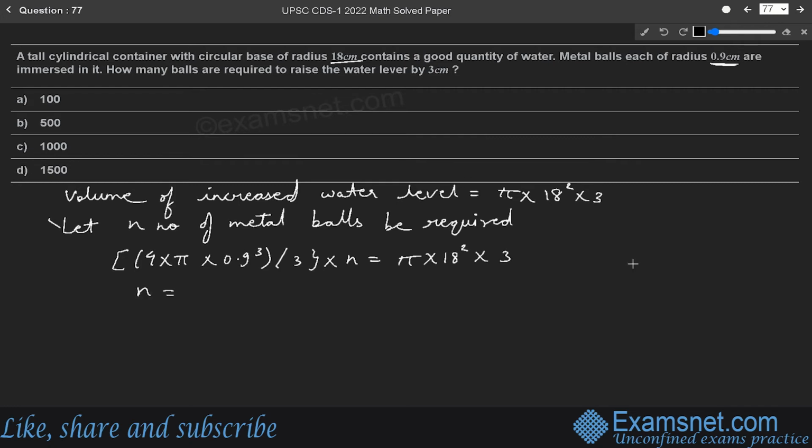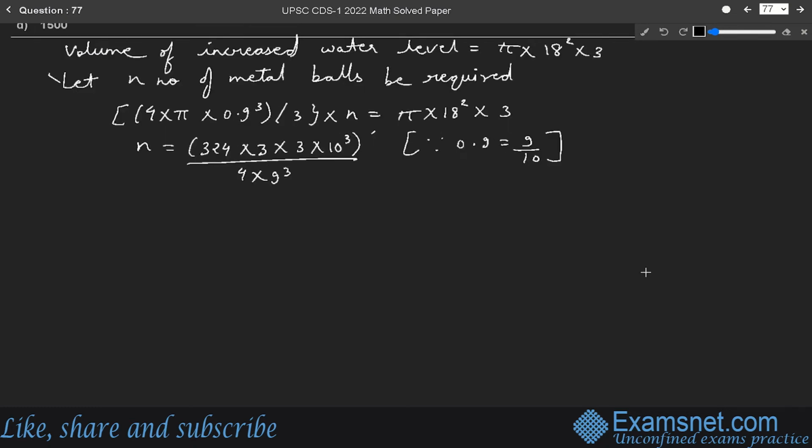So n will be equal to 324 into 3 into 3 into 10 cube upon 4 into 9 cube, since we know that 0.9 is equal to 9 by 10. On further solving this, we get n is equal to 324 into 10 to the power 3 upon 4 into 81.